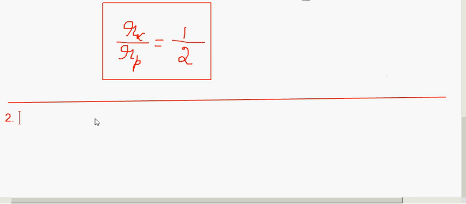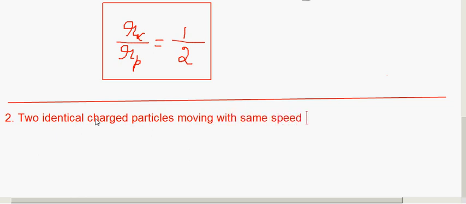Two identical charged particles moving with the same speed enter a region of uniform magnetic field.